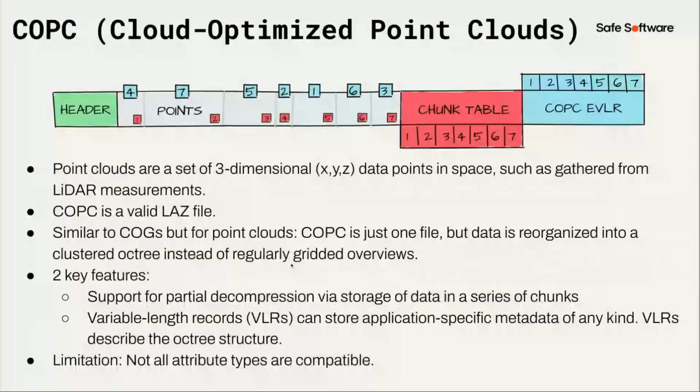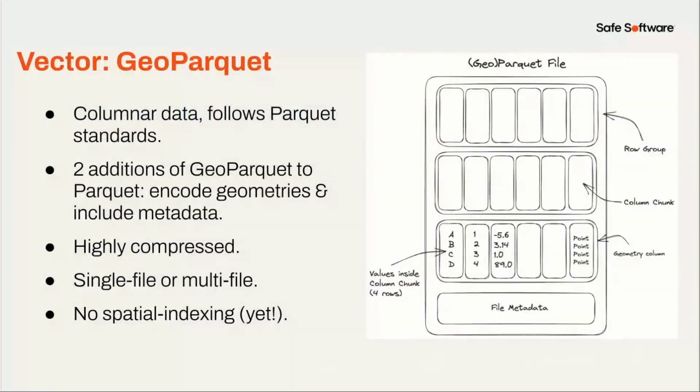And then something that, I may have deleted my other slides, but I had another one talking about FlatGeobuf. And so that one is an example for vector data that is spatially indexed.